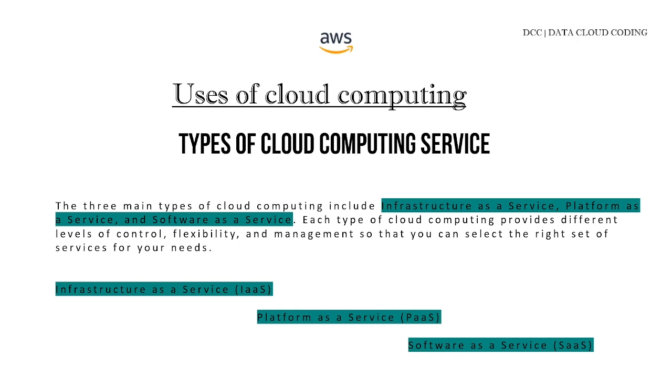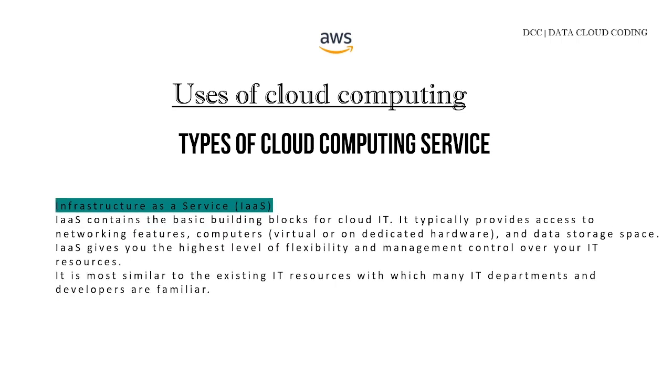All three, IaaS, PaaS, and SaaS, offer different levels of control, flexibility, management, and security. So based on the user or organization requirement, you can choose any of the three services. Now let's talk about all these three types of cloud computing services in detail.